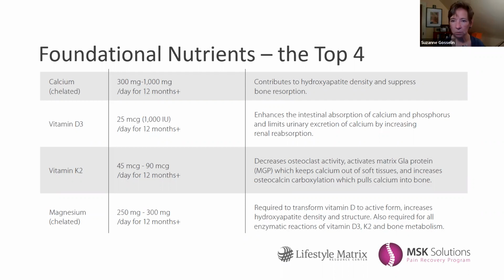That's the bone resorption. And it also helps to keep calcium out of soft tissues where it's not useful to us, where it actually can create problems, especially if the soft tissues happen to be major arteries to the heart, in the heart, and to the brain.